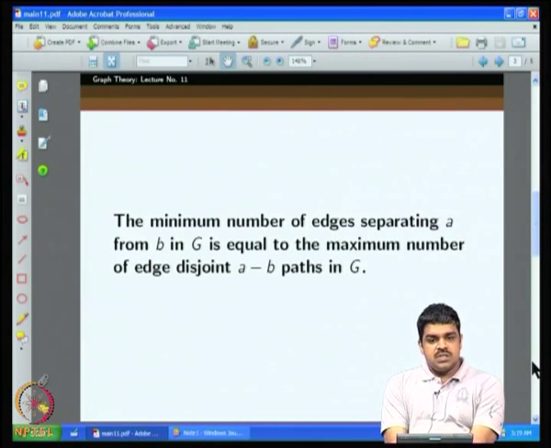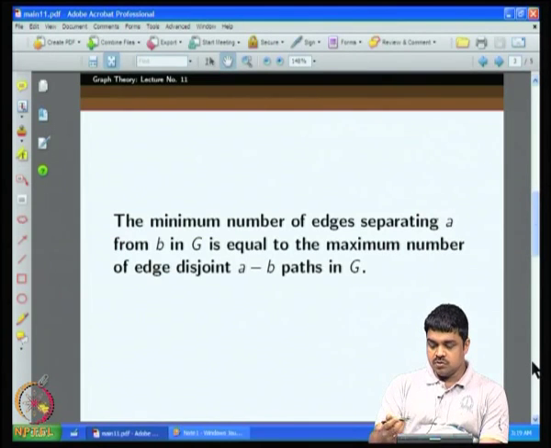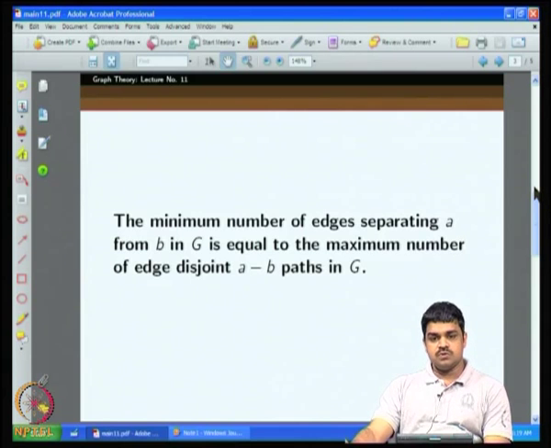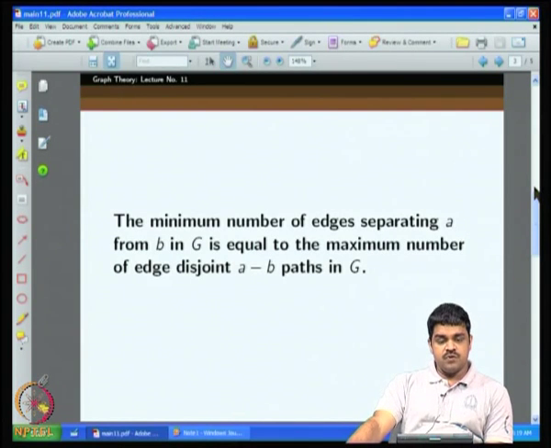So, how do we do this? We should use the line graph concept. We would consider the line graph of G, and then all the edges of G will become vertices there. Now, we are given two vertices A and B. The collection of edges incident on A would become a collection of vertices in the line graph.